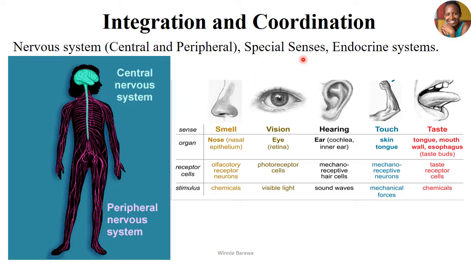And then the special senses. This is a composition of organs that allow us to achieve the five basic sensations in our body systems. This includes the sensations of smell, vision, hearing, touch, and taste. The nose helps us achieve the sensation of smell, while the eyes allow us to achieve the sensation of vision, or seeing.